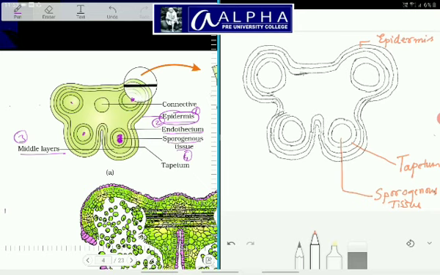You have to mark correct region, correct point of the diagram and make labeling. You need not maintain the sequence of words, the way they are there in your textbook. Okay, the second one is endothecium.